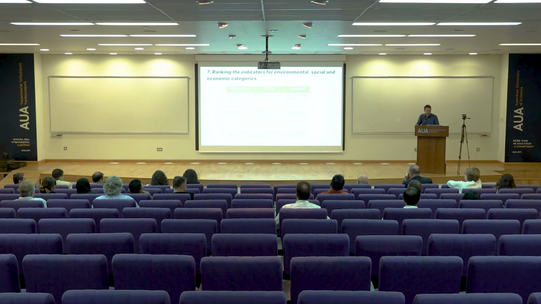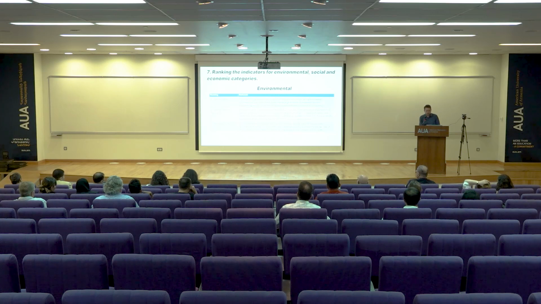And after that, we have the indicators for environmental, social, and economic categories. So 5 indicators for each category. And this is the result we did together. So for environmental, the ranking, the top one is containment, because it has a potential for significant reduction of contributions from soil and groundwater pathways.